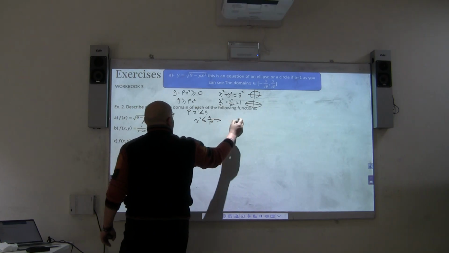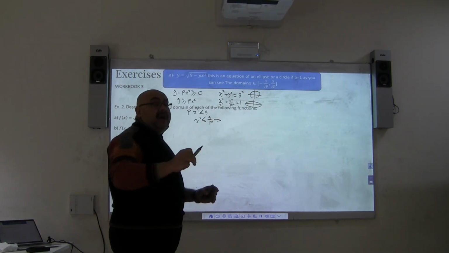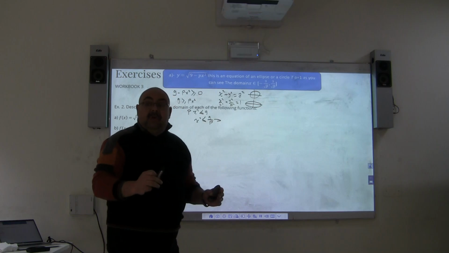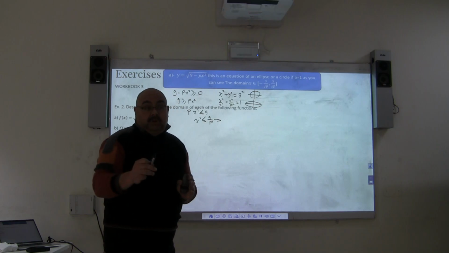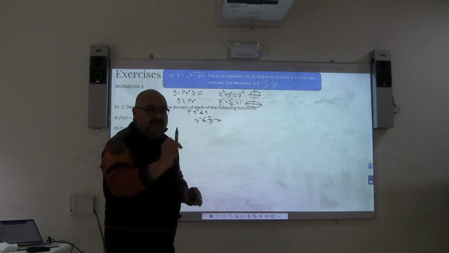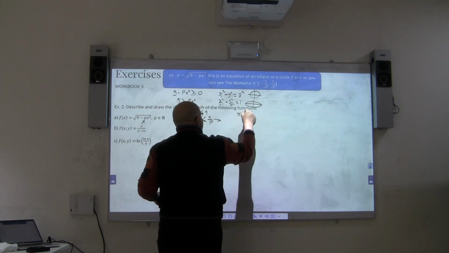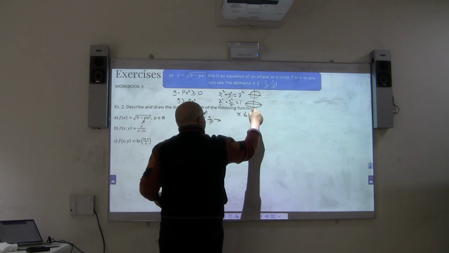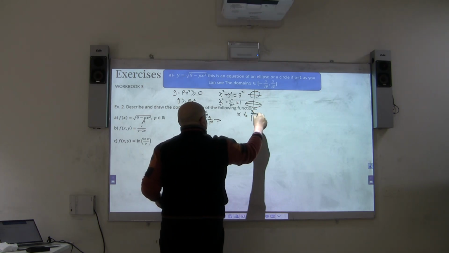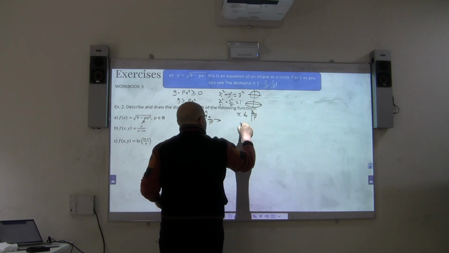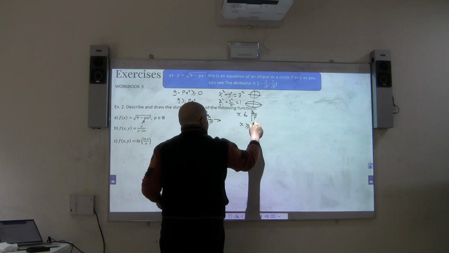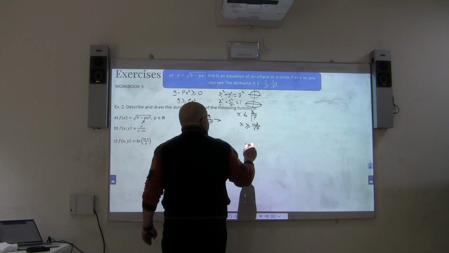Be careful: once you take a square root, you will have the same sign with the positive and the opposite sign with the negative, which means x is less than or equal to 3 over root b, and x is greater than or equal to negative 3 over root b.